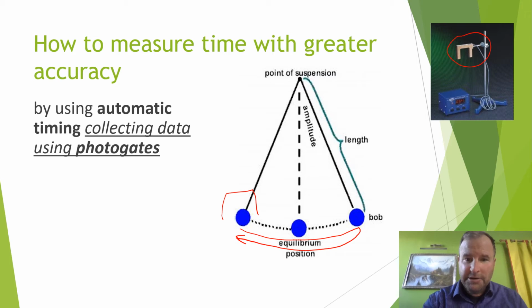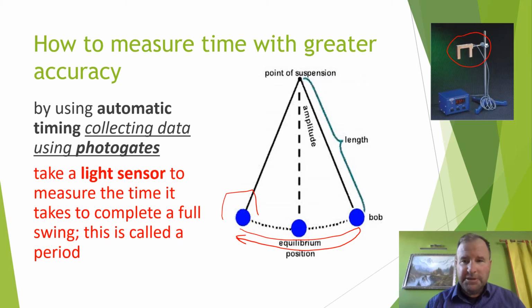It can accurately time passing through the photo gate, which gives us a time when it starts and finishes. In this case, it can be a light sensor photogate to measure the time it takes to complete one full swing. We know this in pendulum theory as a period. The period is where it goes from the start and then back again, and that's called one period.